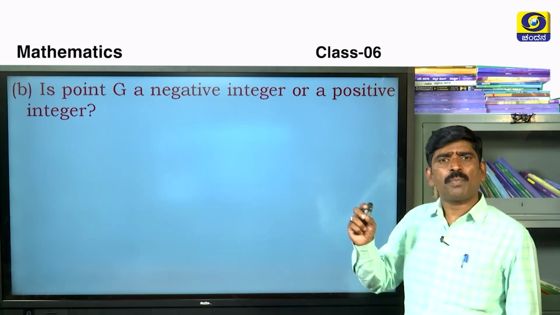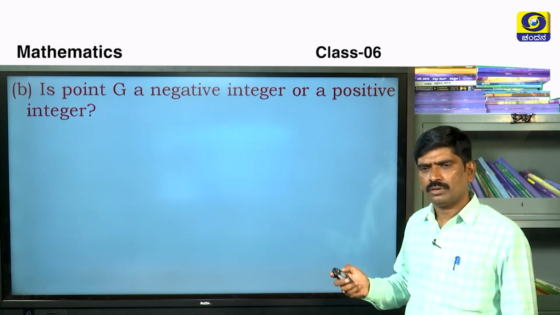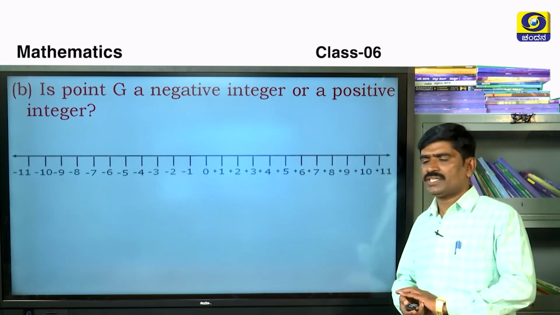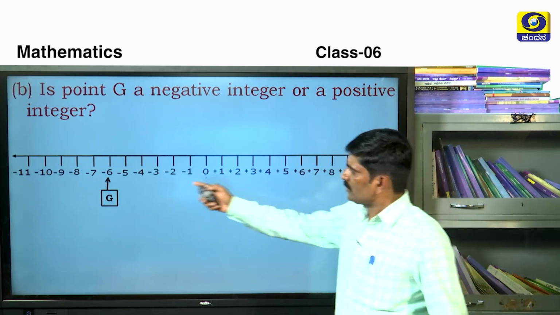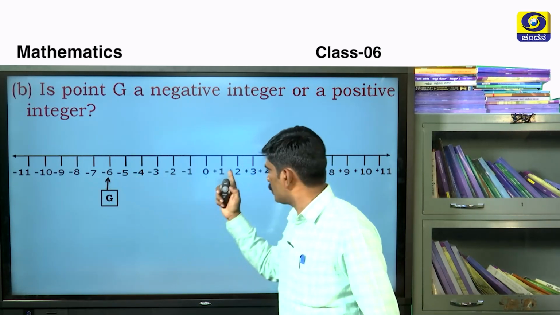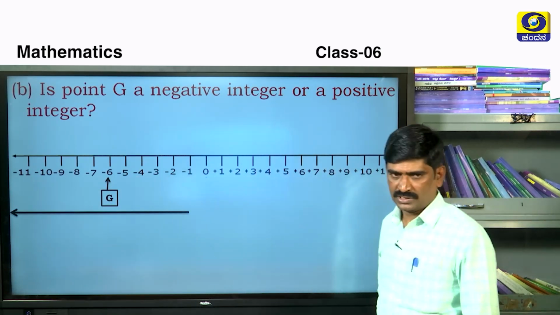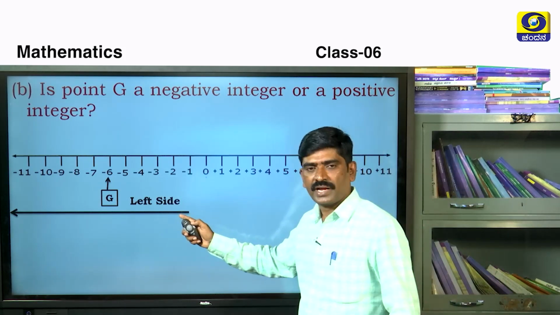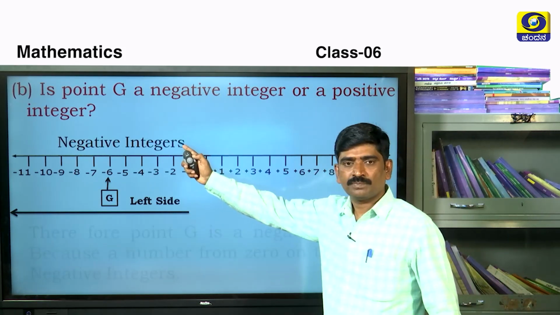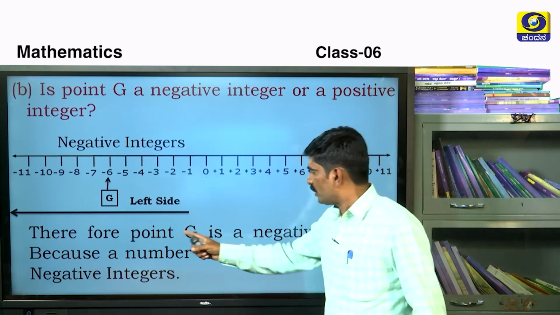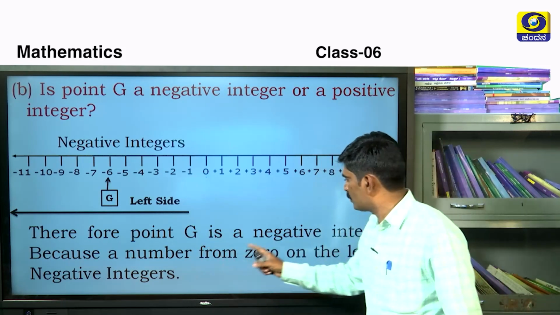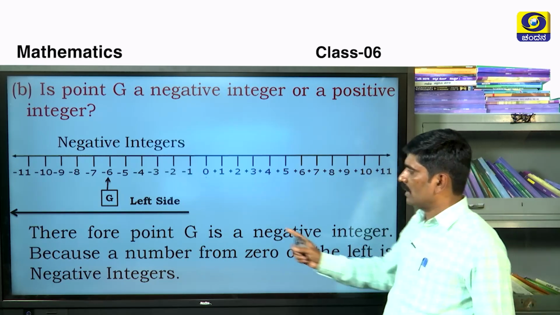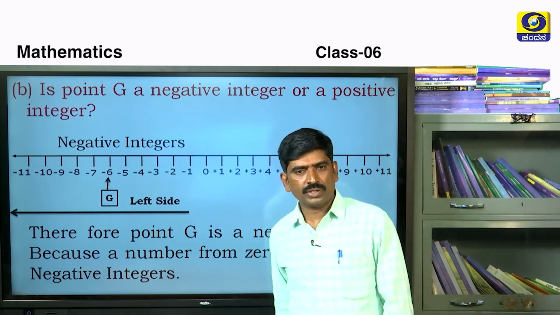Next question. Is point G a negative integer or a positive integer? Let us see. G is here. According to the number line, which side is this? This is on the left side of 0, which means negative numbers. Therefore, point G is a negative integer, because a number on the left of 0 is a negative integer.